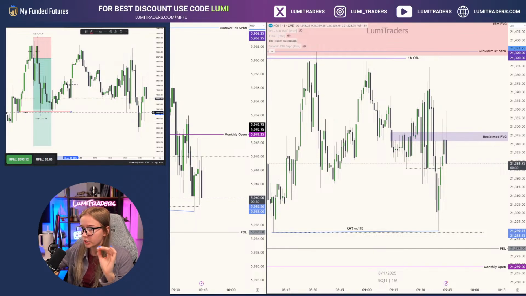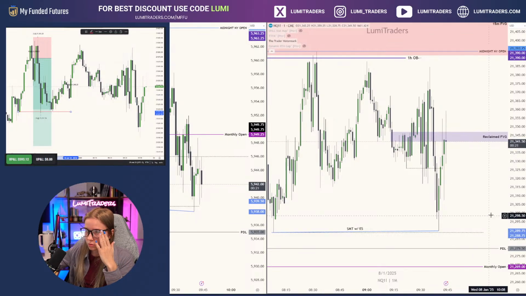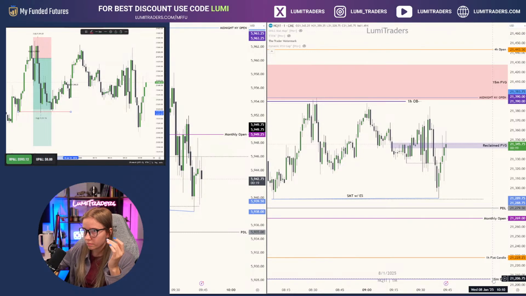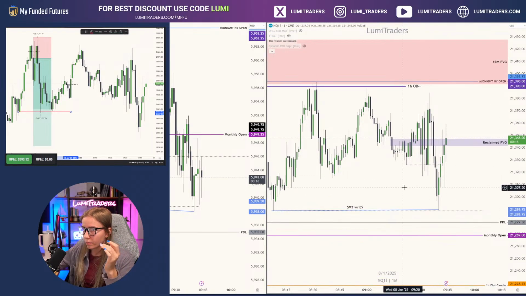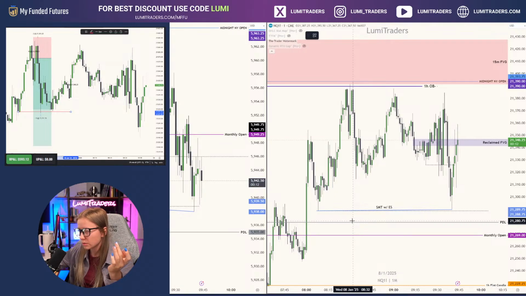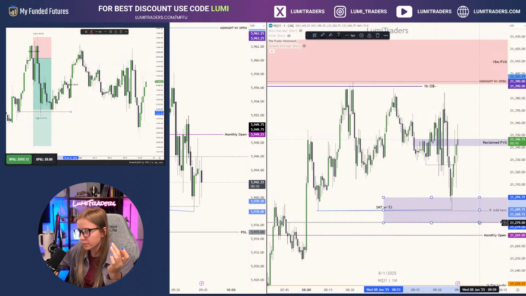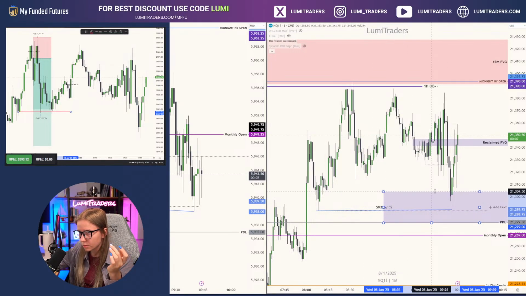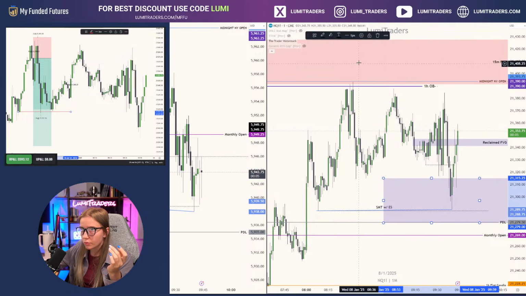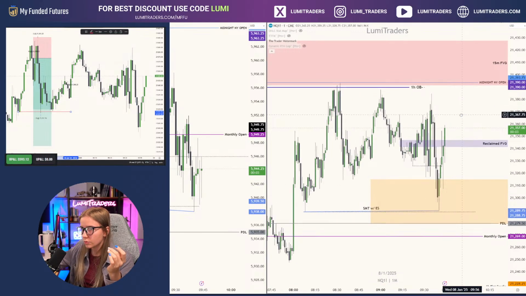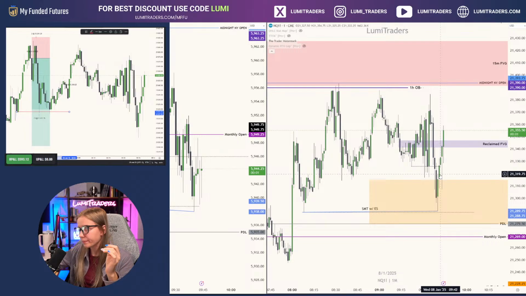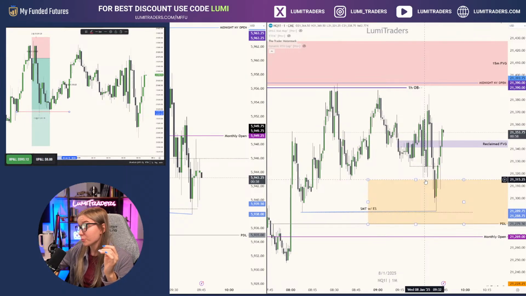If there's no reaction from the previous day low level, what I mean by reaction is I would like to see a 5-minute OB. I would like to see continuation lower to the 15-minute equal lows, which is right here. But so far, from where I took partial, it was somewhere right here, 17 actually. So in this range, this is where I would say NQ will protect the bullish buy.